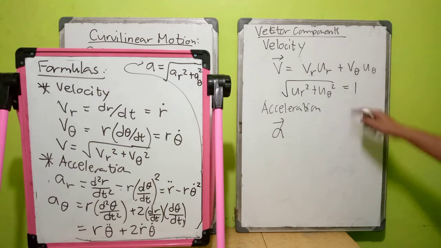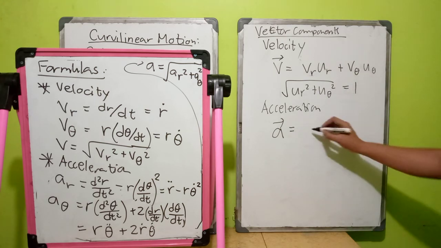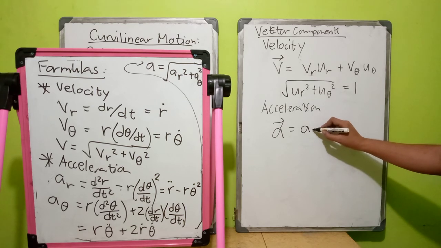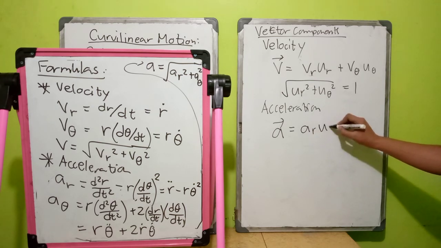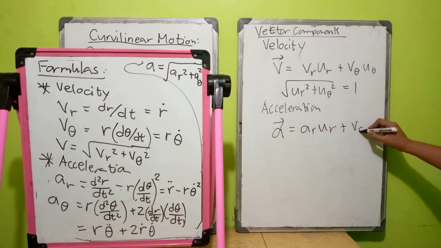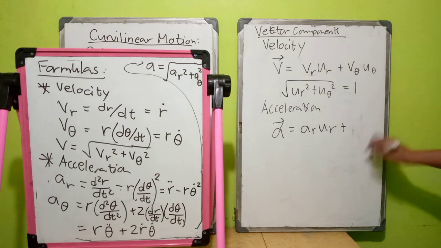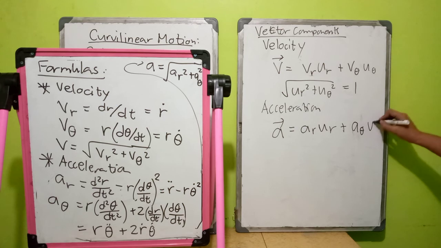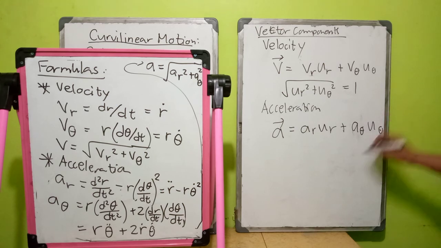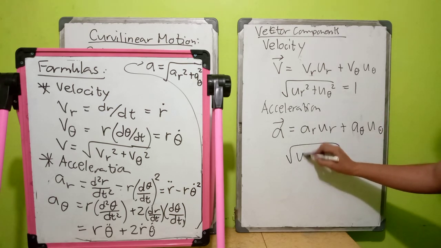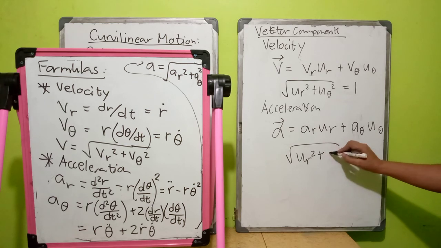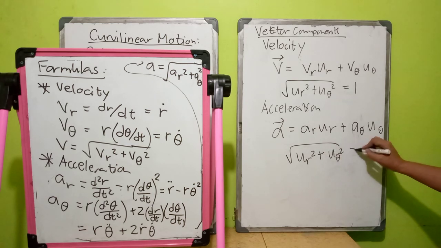And then your acceleration will be ar ur plus a theta u theta. Again, the sum of squares of your ur and u theta respectively should be equal to 1.